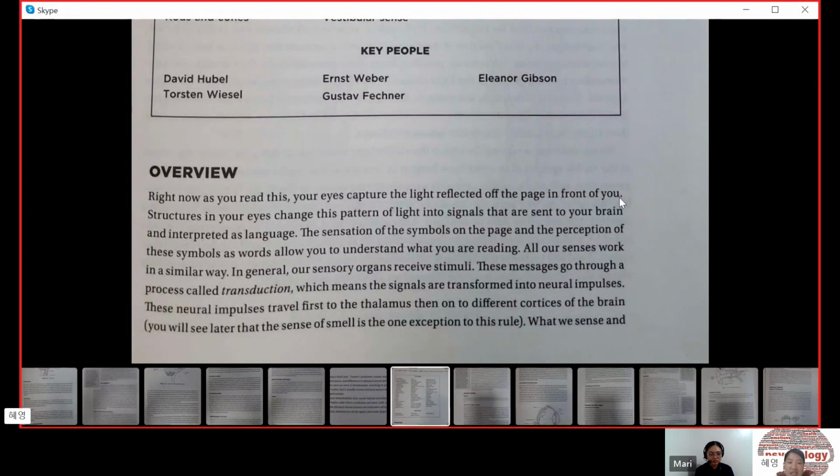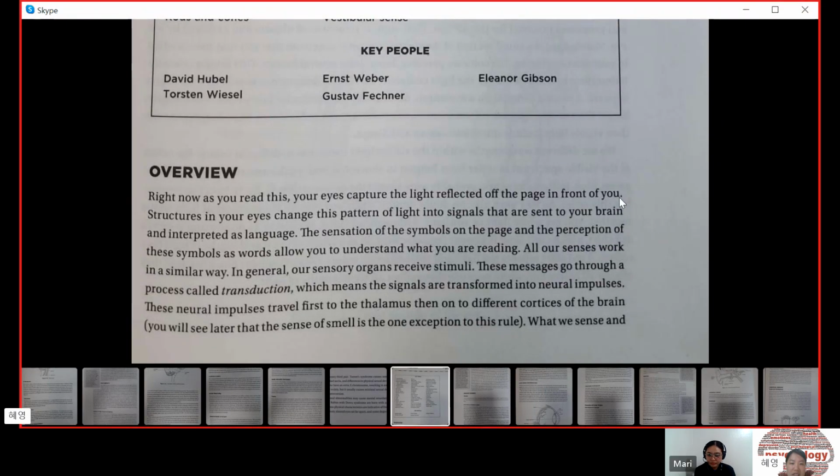So you understand, right? The sensation of the symbols on the page and the perception of these symbols allow you to understand what you are reading.